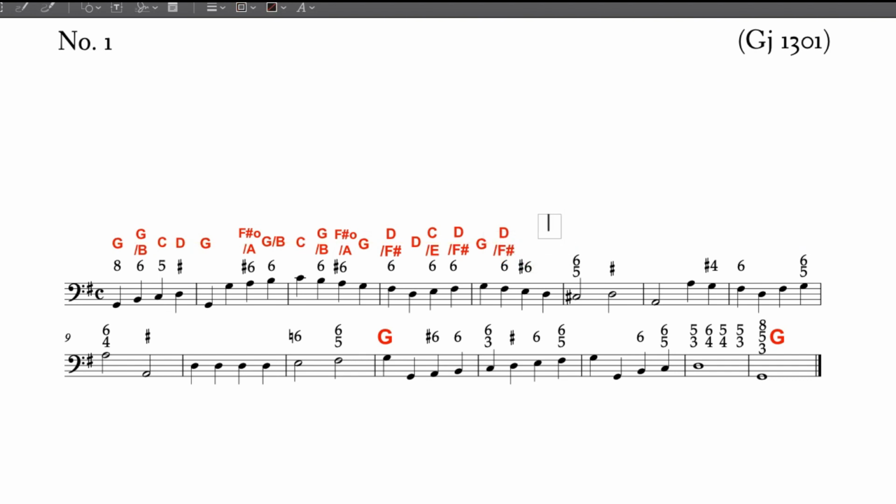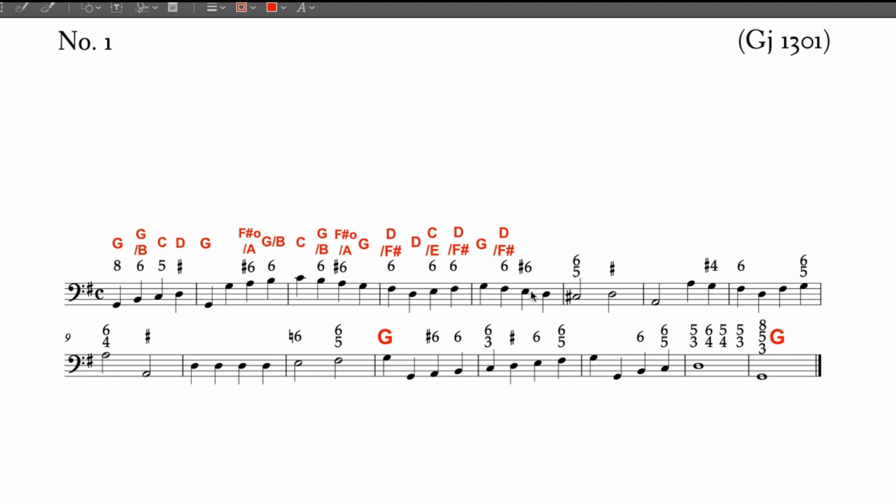Actually, let me just think, because that's probably not a 7th chord really, is it? We have an E, we have a G, and we have a C sharp. So this is really a diminished triad inversion, isn't it?